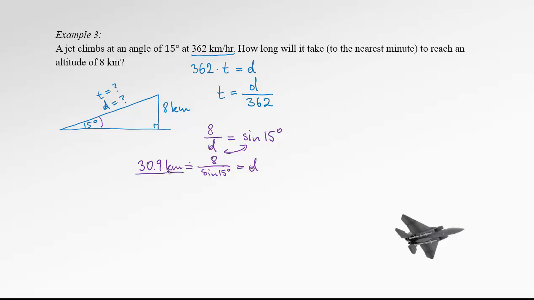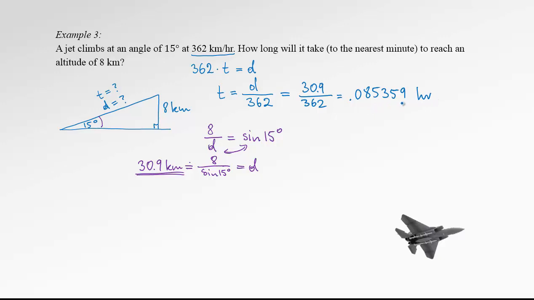As soon as we have our distance, we can substitute it into the time formula. So it's 30.9 over 362. And that gives us 0.085359. I use a lot of digits because this number is in hours, right?